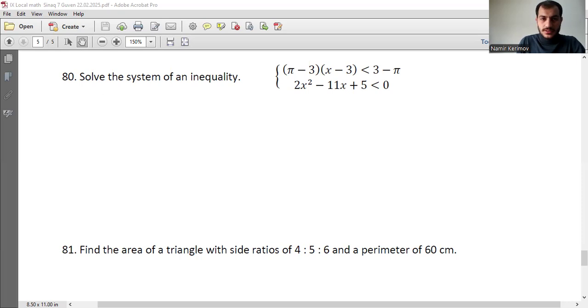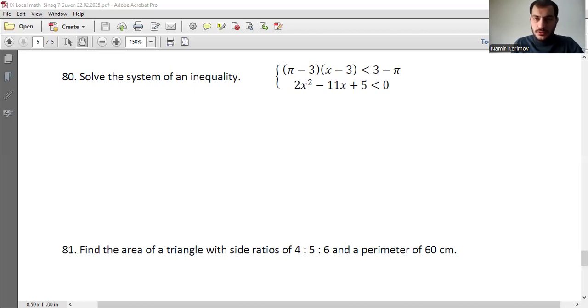So we can take this out. x minus 3 plus 1 less than 0. As you know, pi is approximately 3.14, which means this part is positive. So we should just check x minus 3 plus 1 should be negative number. So x minus 2, the simple part, is less than 0. x is less than 2.